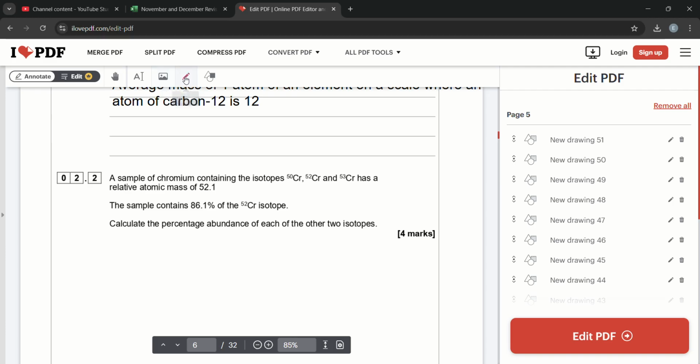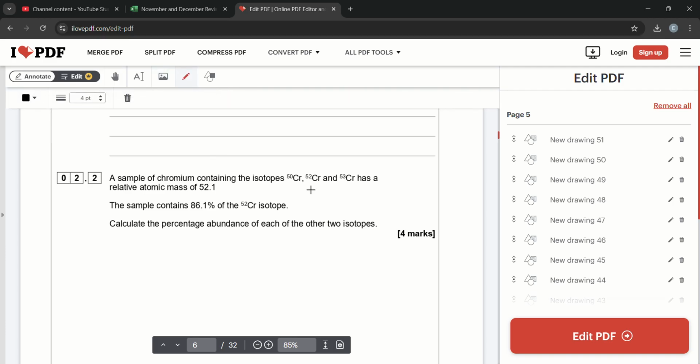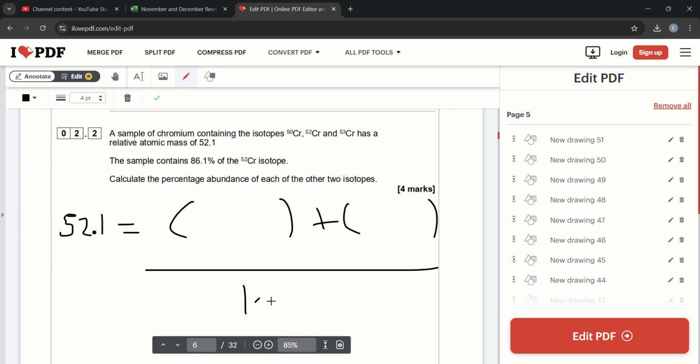A sample of chromium containing the isotopes 50Cr, 52Cr, 53Cr has a relative atomic mass of 52.1. So let's write that down. 52.1 is equal to something times by something plus something times by something, all over 100.